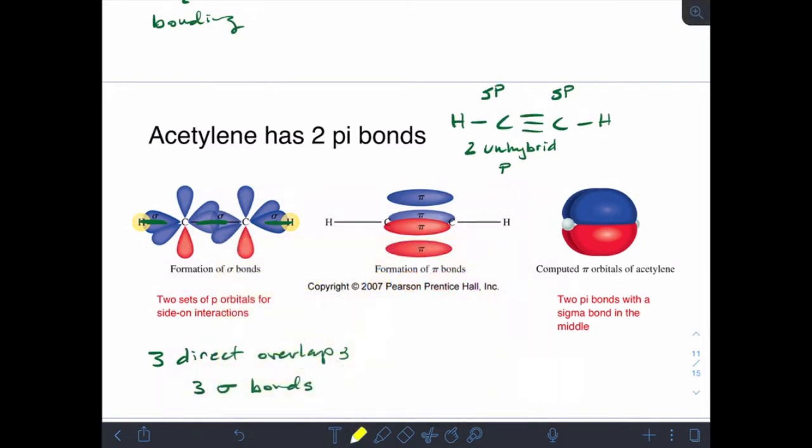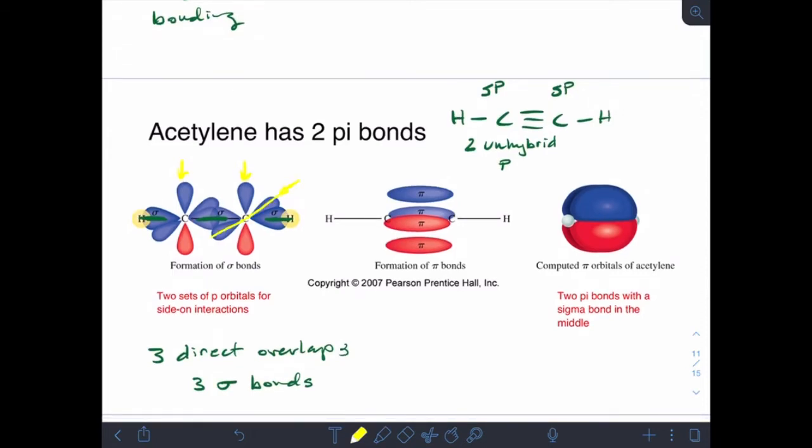Okay, so I've got 2 sets of unhybridized p orbitals. Each carbon has 2 unhybridized p's, right? And they are sitting right here. There's one unhybridized p, and the other one is in, I guess, the y-axis or the x-axis. So that's sitting right there, and the other one is sitting right there. So we get a sideways overlap right here, and then we get another sideways overlap front and back.